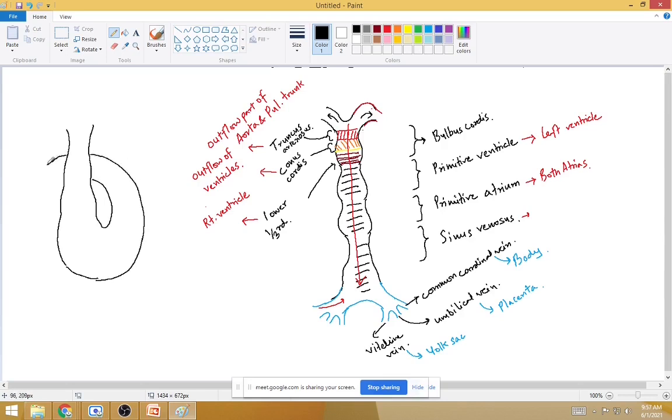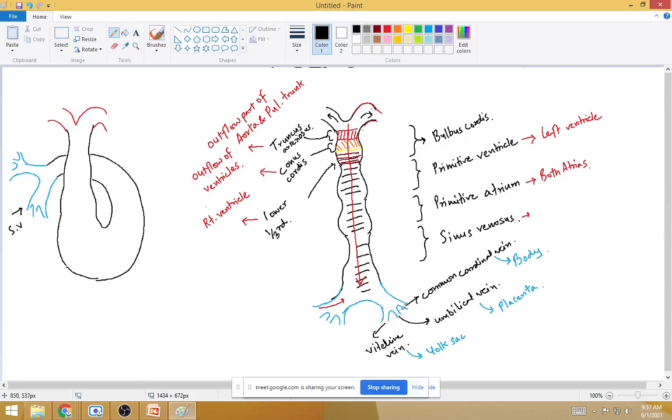It's folding. What is this part? So this will be something like that. This is what? The horns of the sinus venosus.